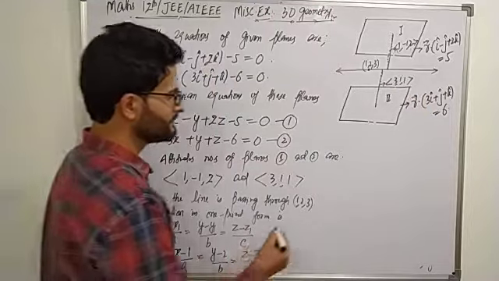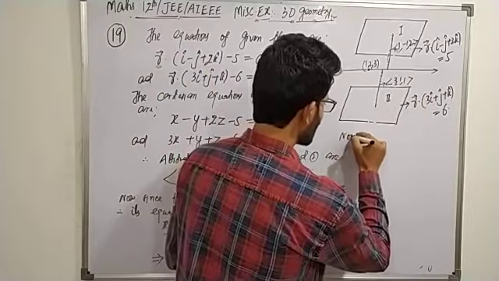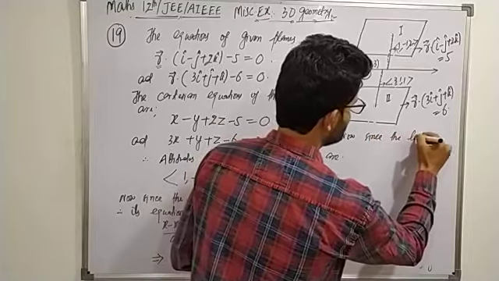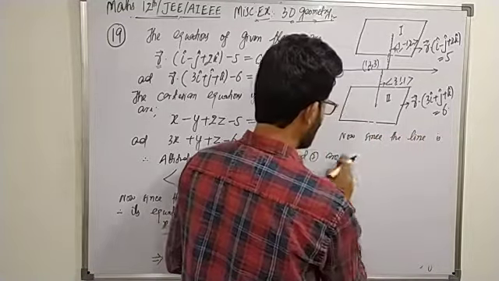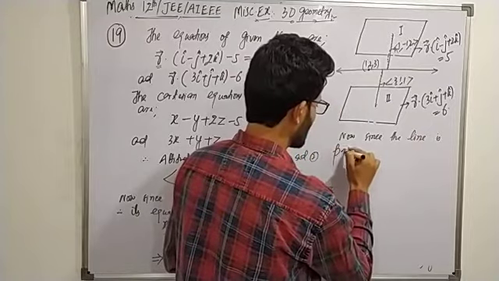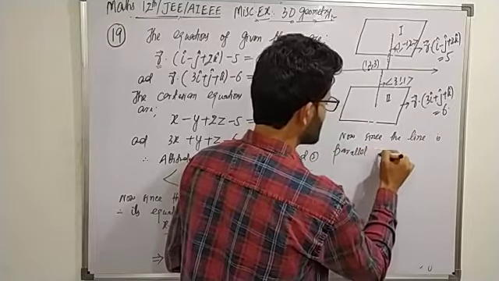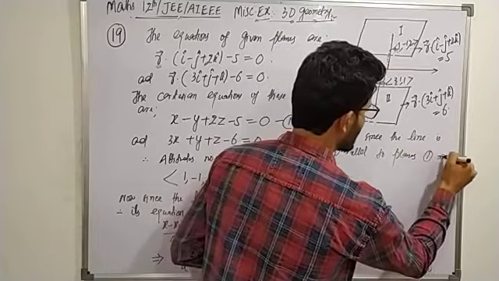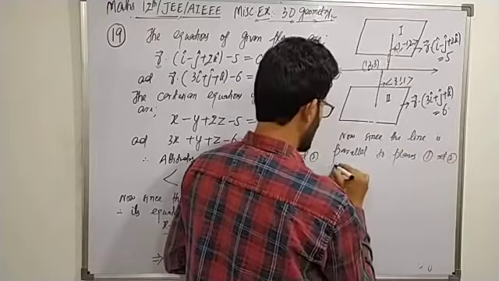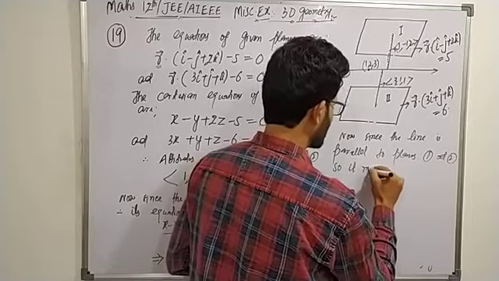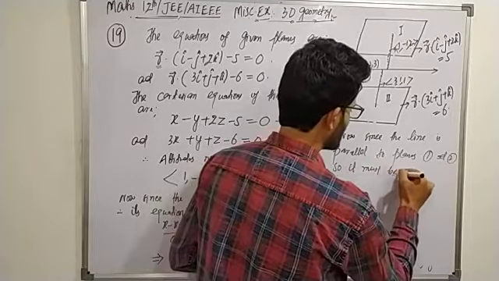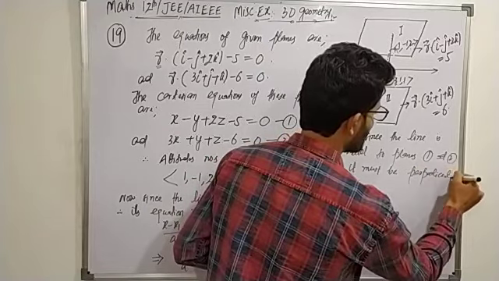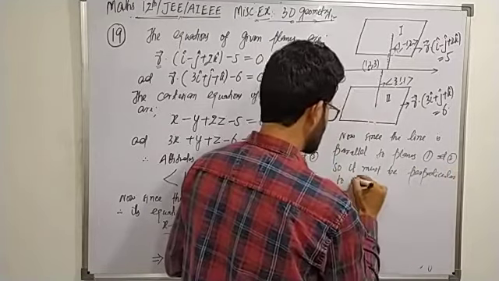Now since the line is parallel to planes first and second, it must be perpendicular to their normals.